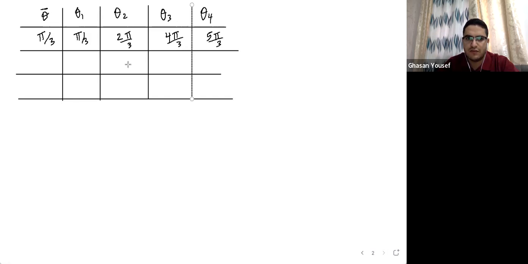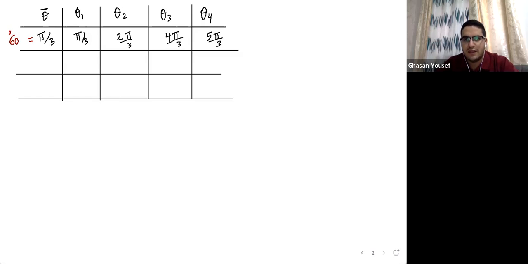You will see all of them have the same acute angle. Pi over 3 is 60 degrees. How do I know? Just put 180 instead of pi: 180 over 3 is 60.